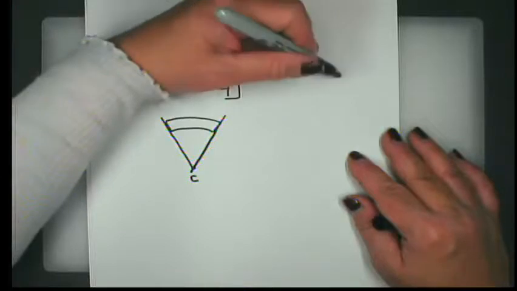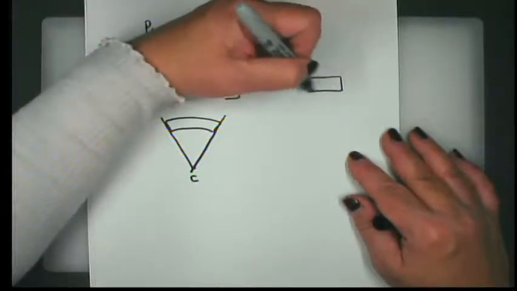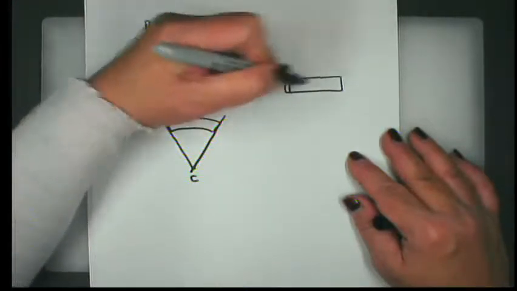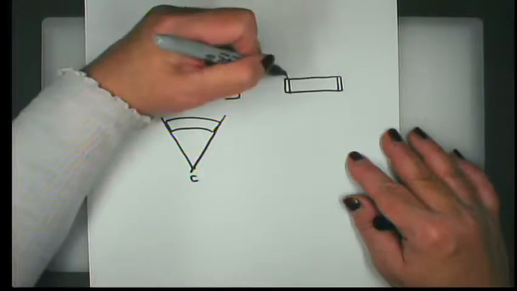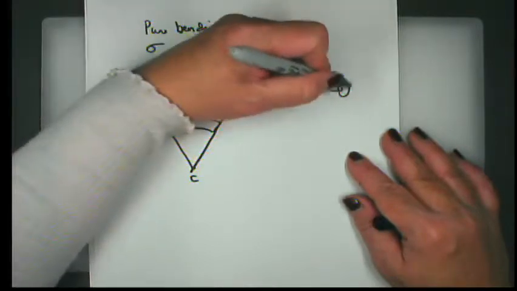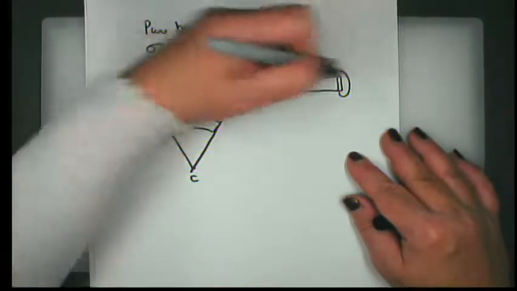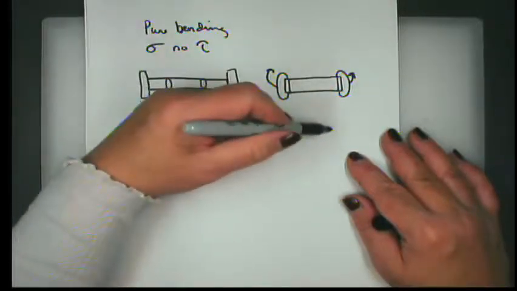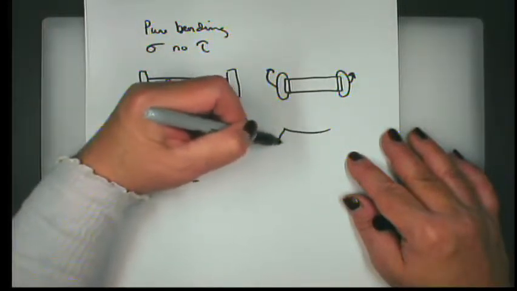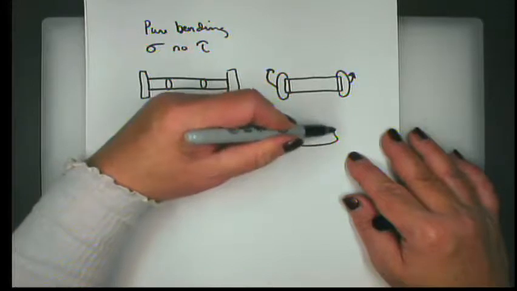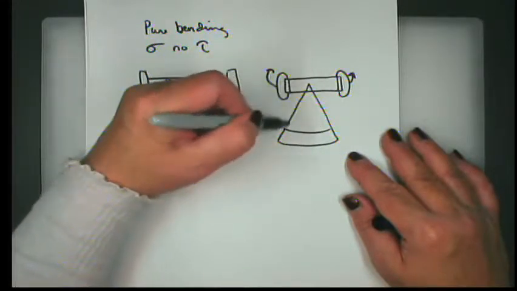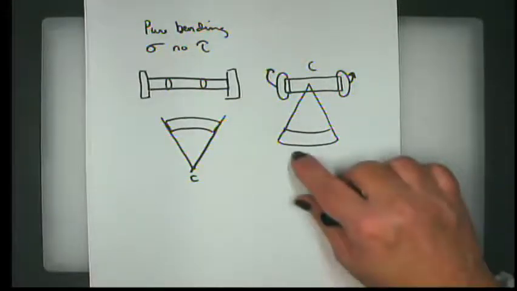Another example would be if you had some sort of a prismatic structural member with rigid end caps and you placed C-clamps on the end caps and then bent them up or down, so that once again you would have a shape like this and some sort of a center of curvature that would subtend the arc.